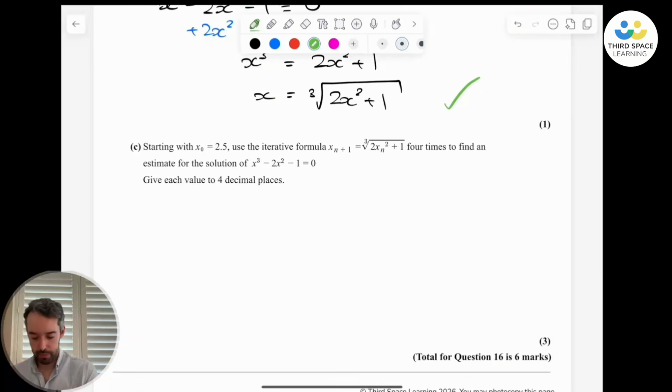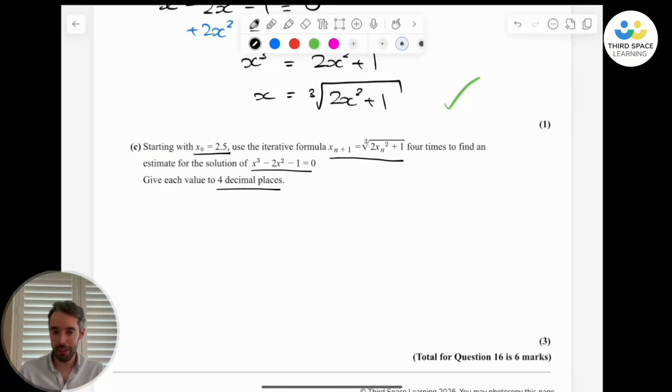Part C. Starting with x0 is 2.5, use the iterative formula there 4 times to find an estimate for the solution of our equation and give each value to 4 decimal places. Okay, these are great questions, but we need to be careful here. So we're told that x0 is 2.5.